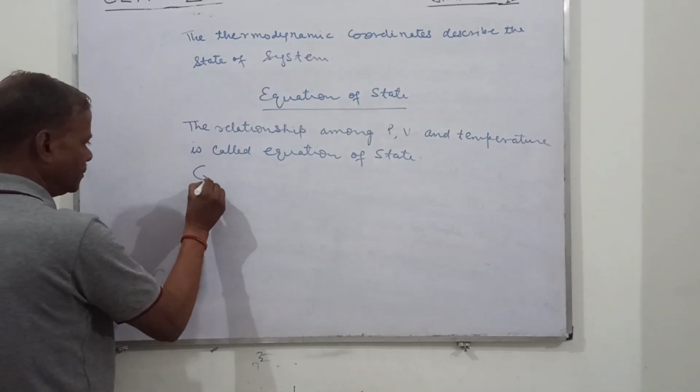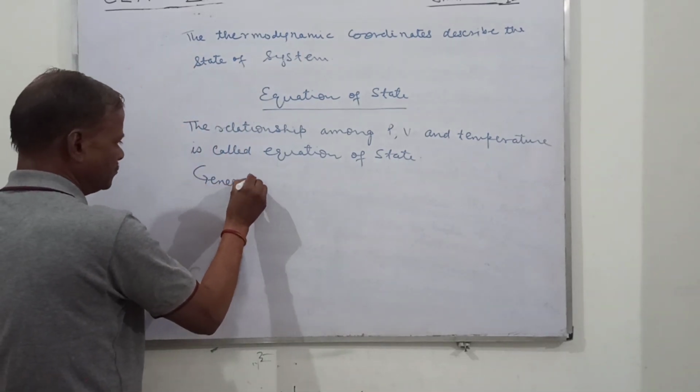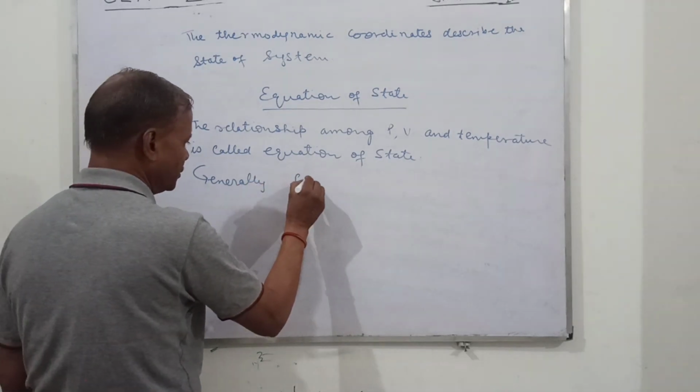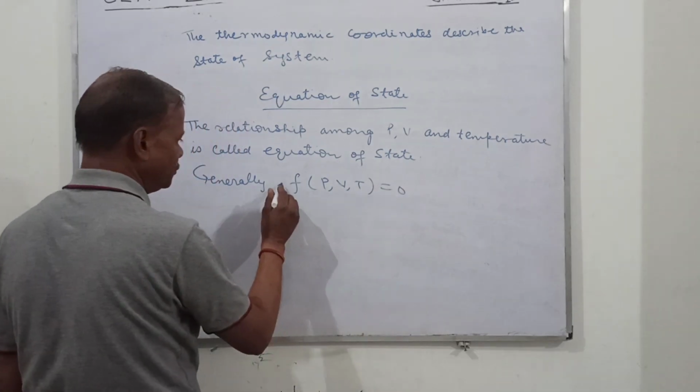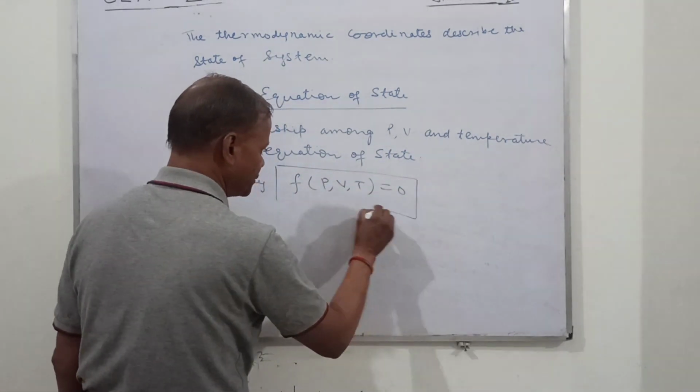Generally, a function of pressure, volume and temperature is equal to 0. This is the general equation of state.